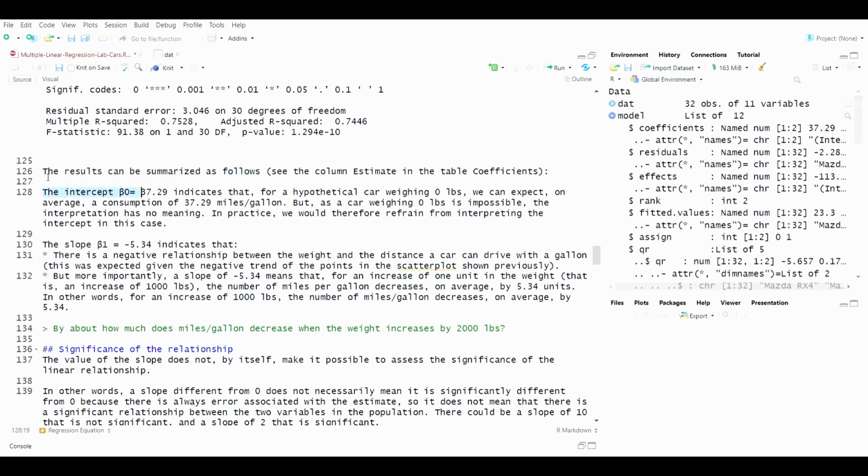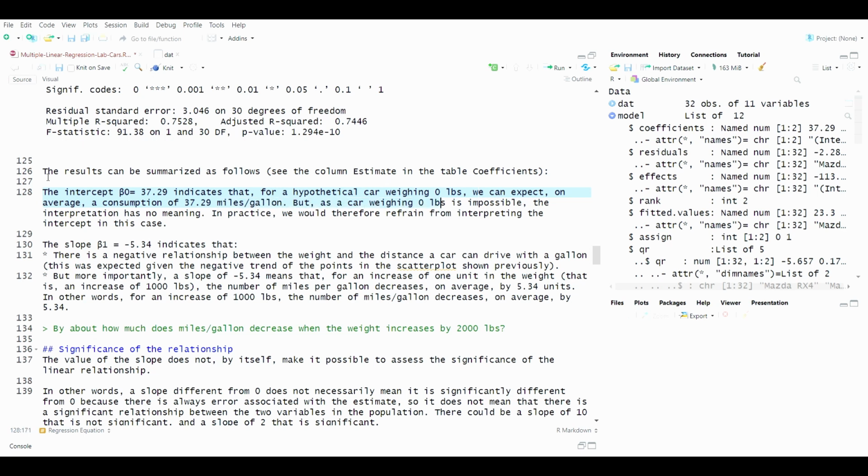The intercept, beta 0, of 37.29 indicates that for a hypothetical car weighing 0 pounds, we can expect, on average, a consumption of 37.29 miles per gallon.